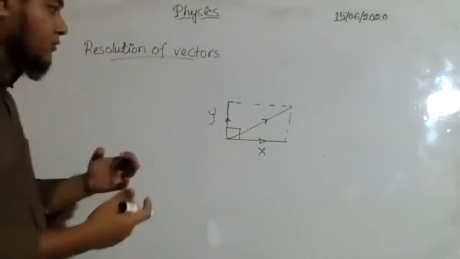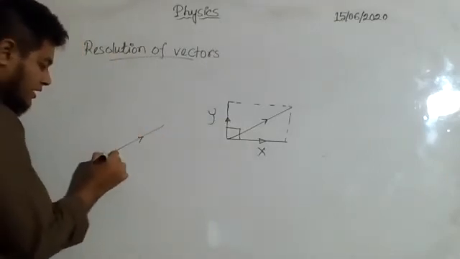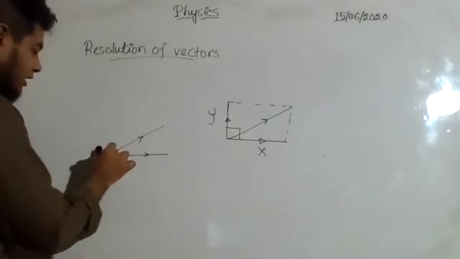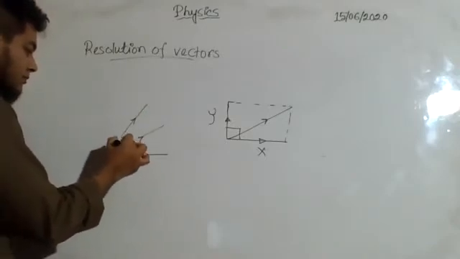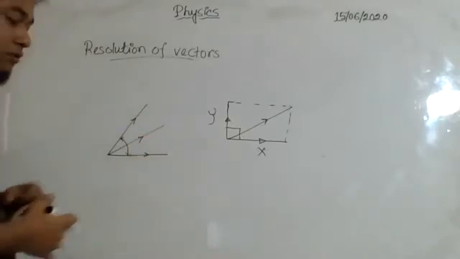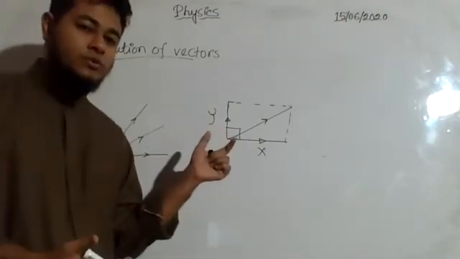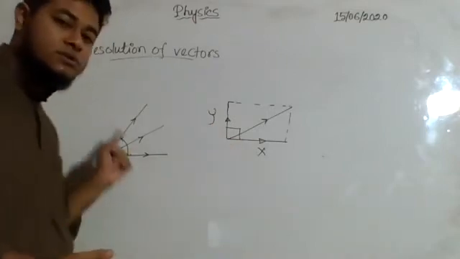Another way is where the angle can be any. This is the vector. I will divide the vector into this part, and another vector in this part. The angle between them can be any angle, not specified. We are more interested in the perpendicular case, and we will do our detailed calculation about that, not this.